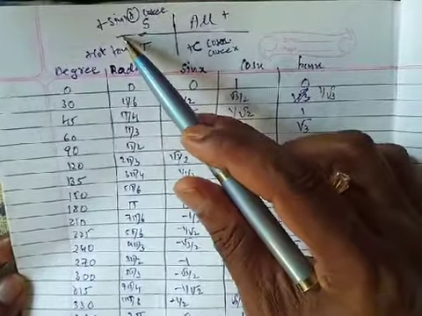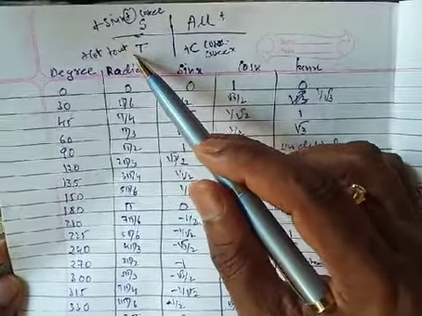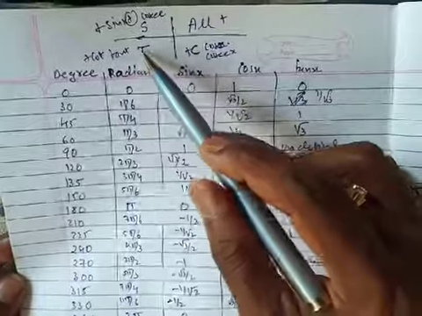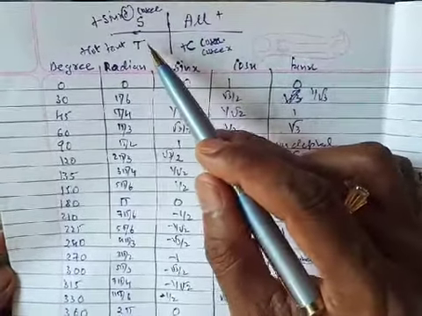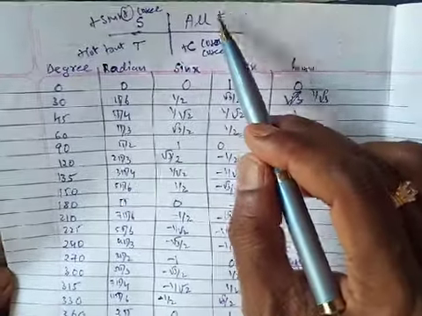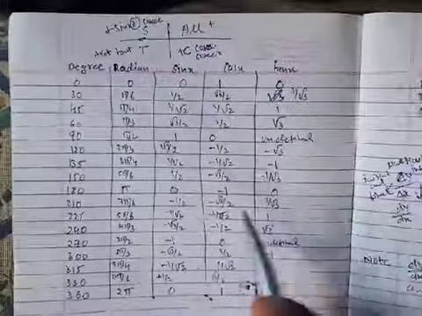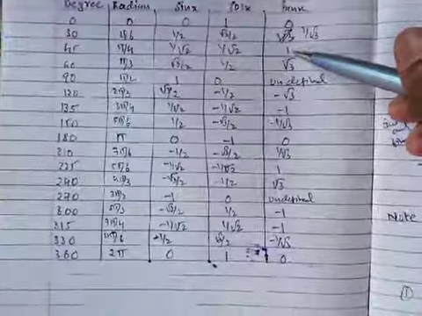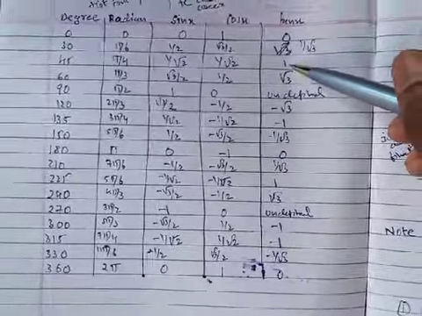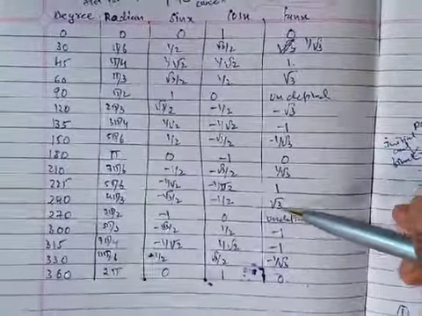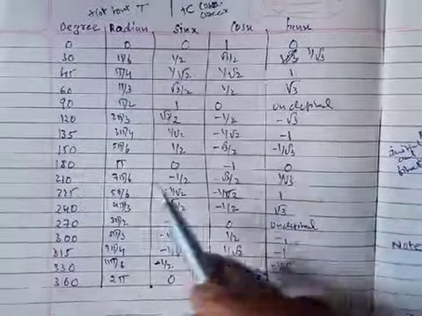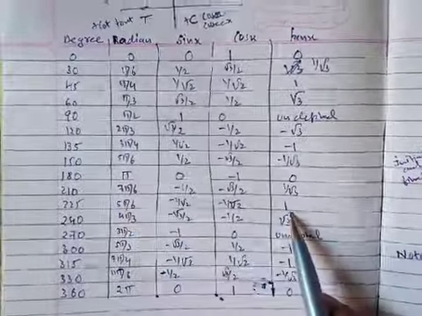Here it is pi, so pi plus pi by 4 becomes 5 pi by 4. So we have to check when tan is 1: in the first quadrant, pi by 4, and 5 pi by 4. You can learn this also. Tan is 1 at pi by 4, and the other value is at 5 pi by 4.